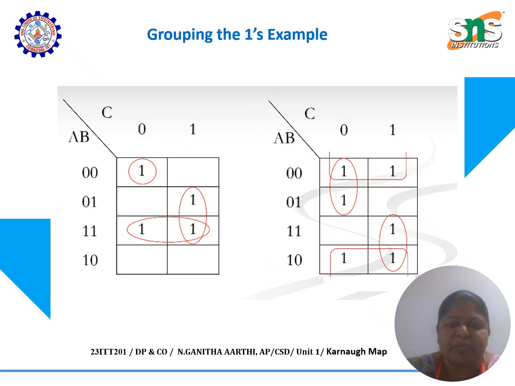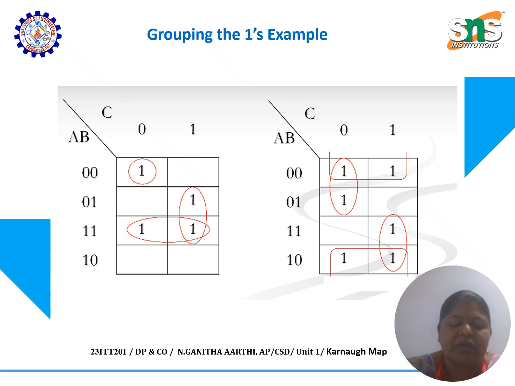So this is a simple example of grouping the ones. We shall take grouping of ones for performing sum of products, and grouping of zeros for performing product of sums. Here we have different examples taken and the grouping is done.